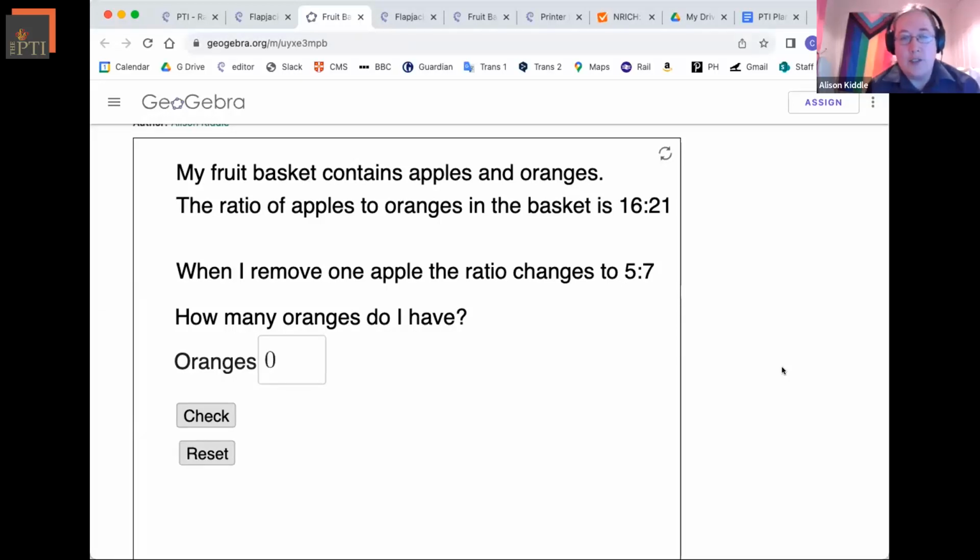So we know that for this one, it would have to be either 21 or 42 or 63 and so on, because it has to be a multiple of both 21 and 7. But I think it's specifically got to be 21 because we've only taken one apple out. And I think that forces it to be specifically the lowest common multiple, which Joshua has actually said in the chat, the lowest common multiple will be useful here.